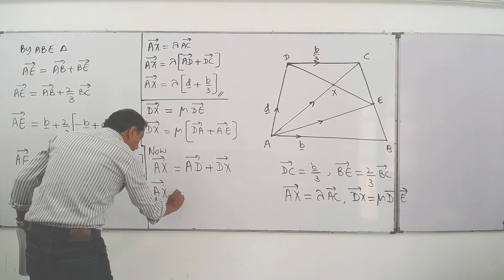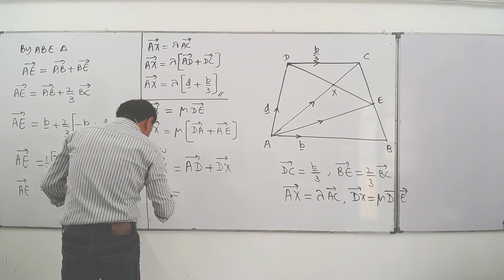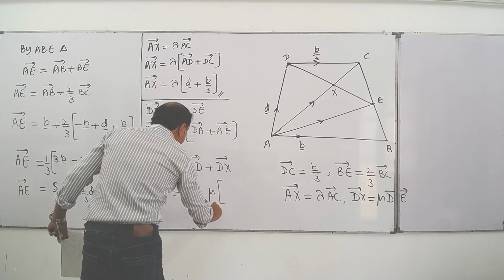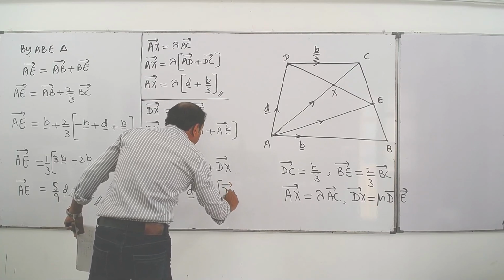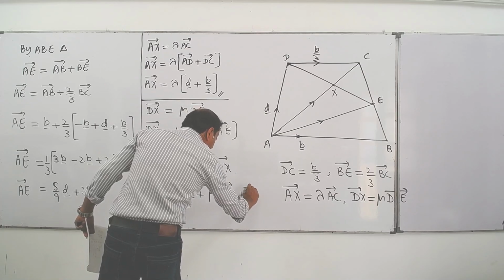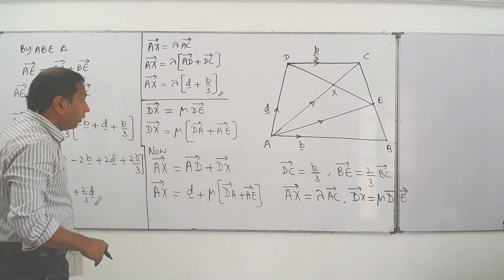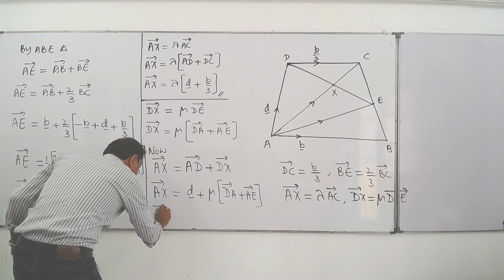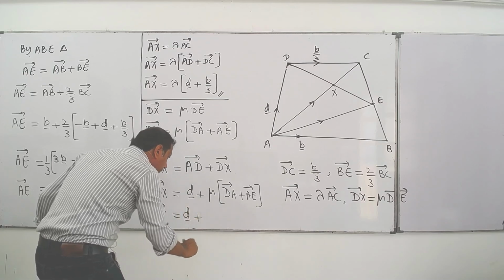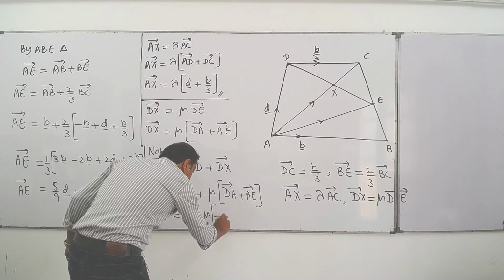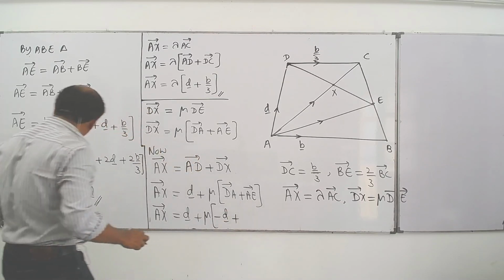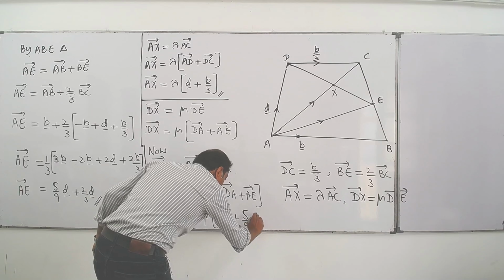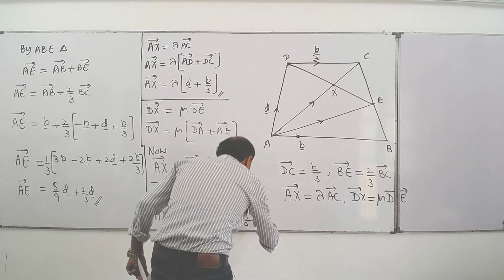AX vector is therefore equal to AD vector plus DX vector, mu times DA vector plus AE vector. Mu times DA vector plus AE vector, this now 5 by 9 B plus 2 by 3 D.